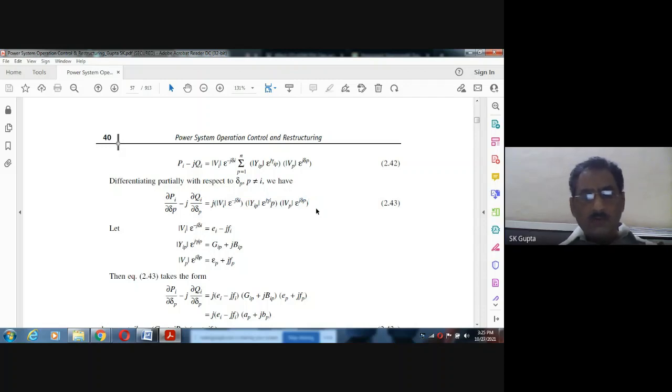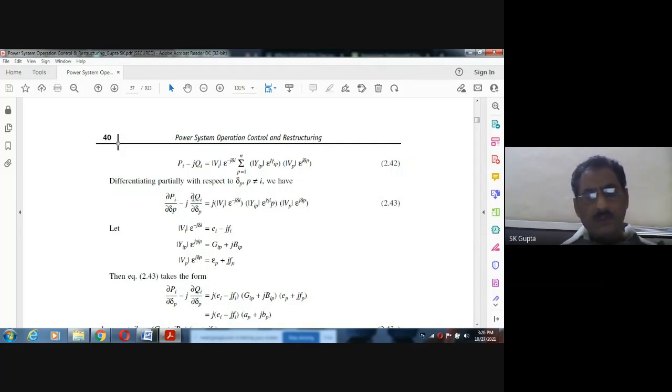So if this is clear, now what we can do, first of all, we can make, now you see when you will bring this j inside, this can be written as, देखिए ये Vi Yip Vp मैग्नीट्यूड हो गया, और ये एंगल, so Yip, this is angle of Yip, then angle of this, then angle of this, means here angle of Yip plus delta p minus delta i, ये इसका एंगल होगा, ये मैग्नीट्यूड हो गया, और j तो इसका 90 डिग्री और ऐड हो जाएगा, j मीन 90 डिग्री. तो उसको जब आप करेंगे, देन cos ऑफ दैट एंड sin ऑफ दैट, cos ऑफ दैट मीन्स रियल पार्ट और इमेजिनरी पार्ट आ जाएगा.